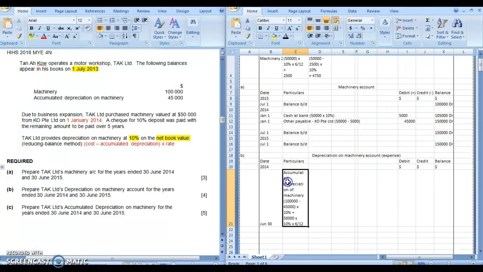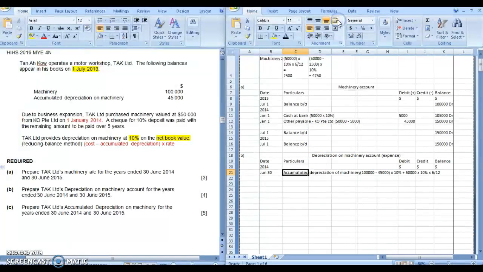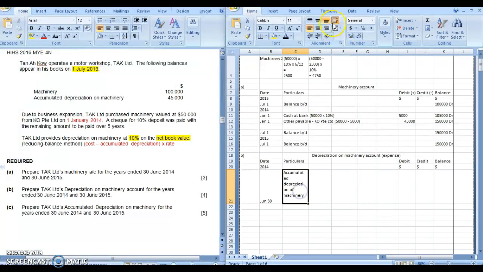So here we go. This is the workings. So to write it down, I'm gonna write it down here.